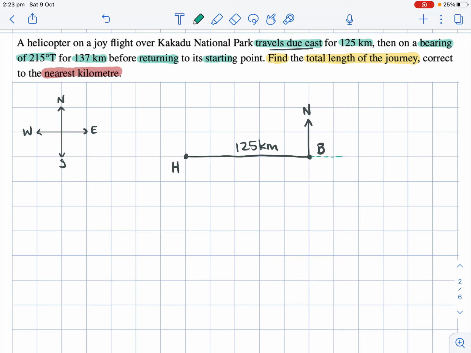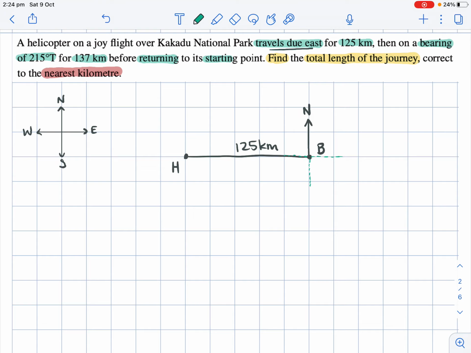I say, right, well, if I went that far, I've gone 90 degrees. Well, 215 is bigger than 90. If I went that far, I've gone 180 degrees. Well, 180 degrees is not as big. I've got to get to 215, so 180 degrees isn't big enough yet.